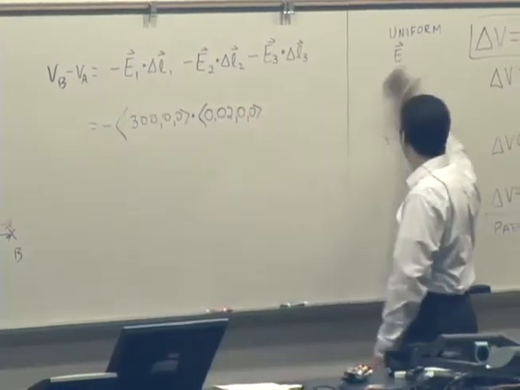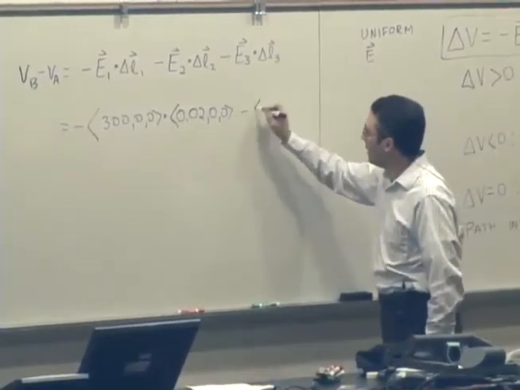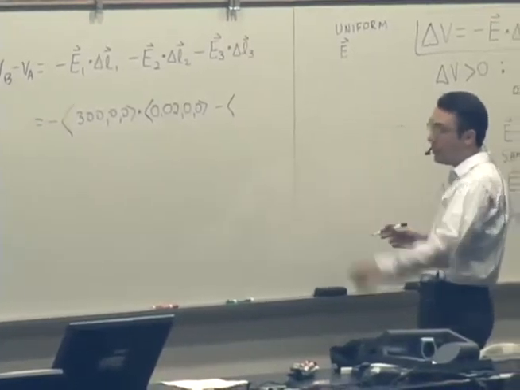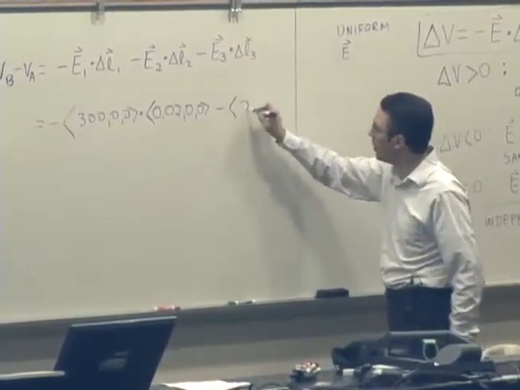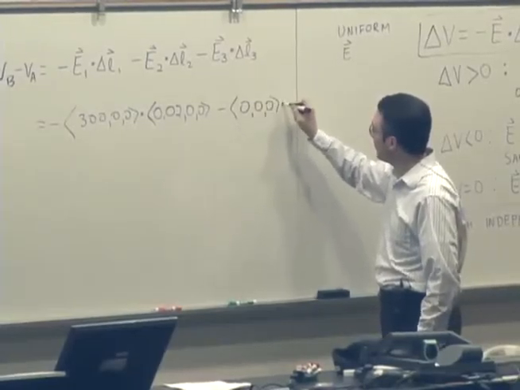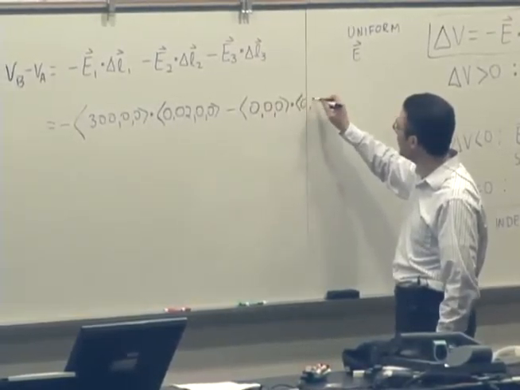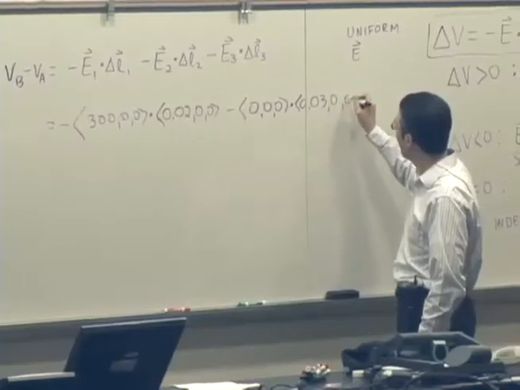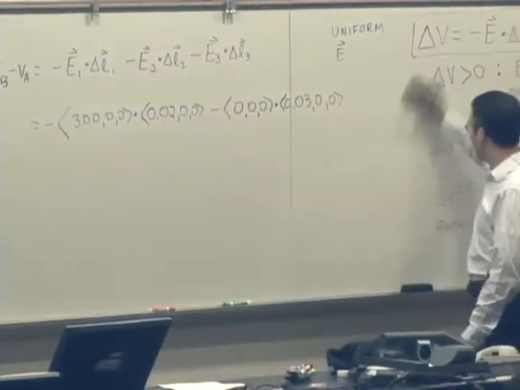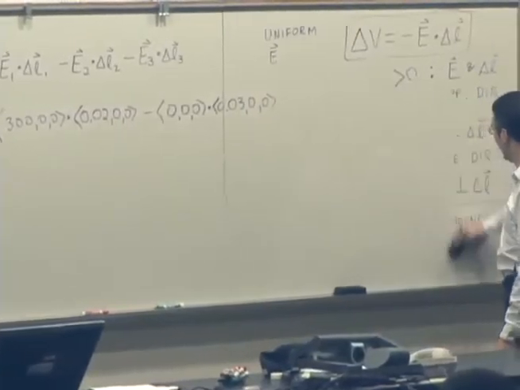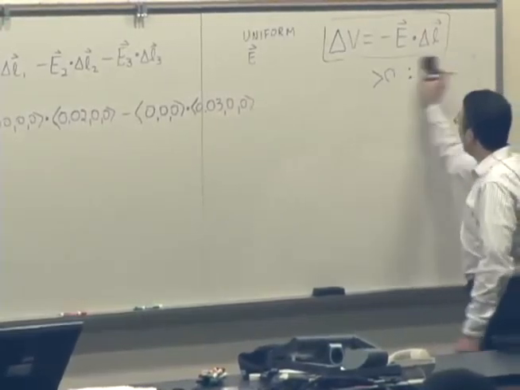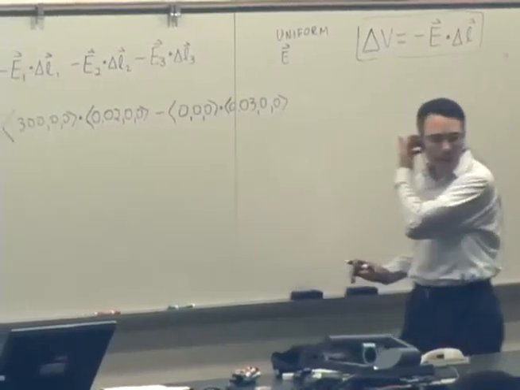All right. Vector E2 is just 0, 0, 0, right? Dotted with that path. It's not going to matter much. And then lastly, the electric field in region 3 is what vector?